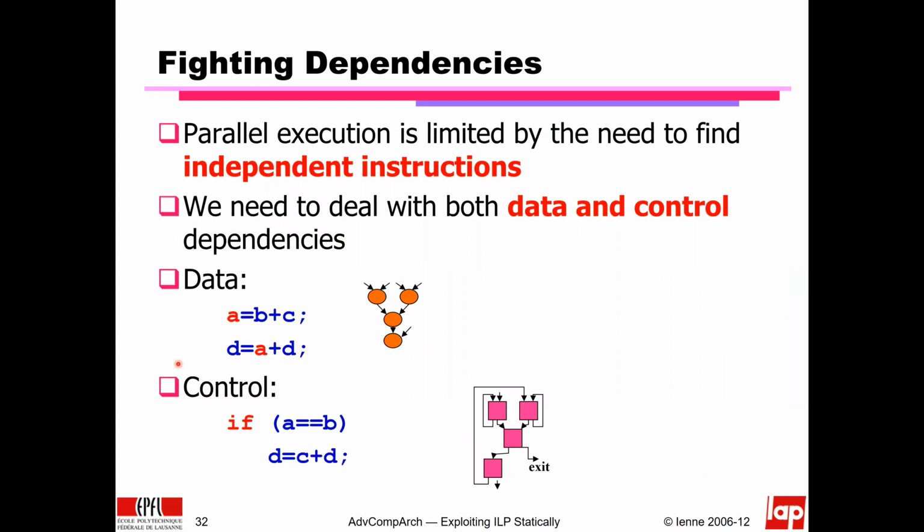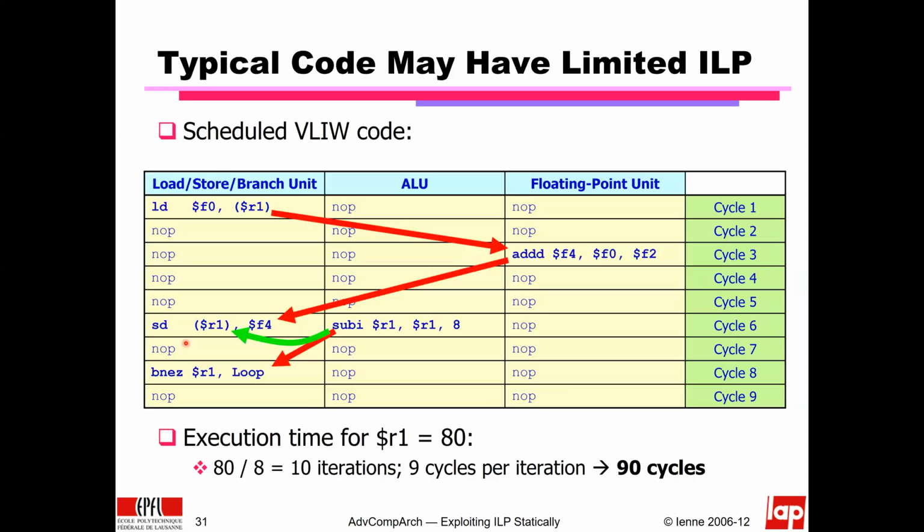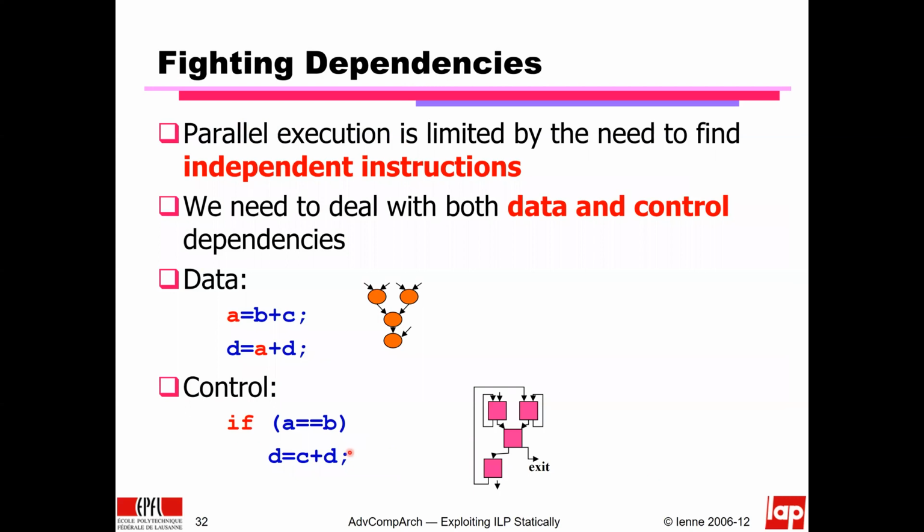And we have two types of dependencies, as usual: data dependencies, which are these arrows that we see here, and control dependencies, the fact that we have these branches and we don't manage to go past the branch unless we speculate. And if we have removed all these beautiful reorder buffers that were the key of our speculation, we cannot speculate.